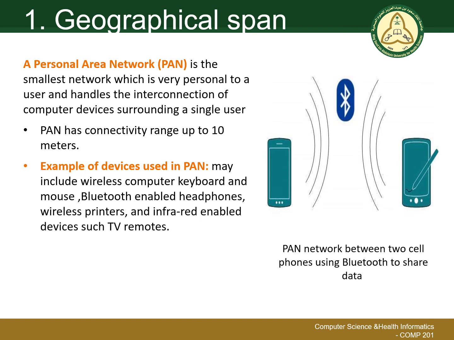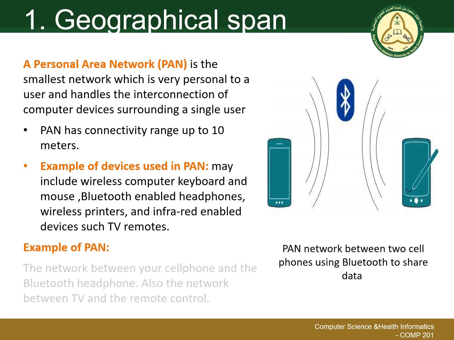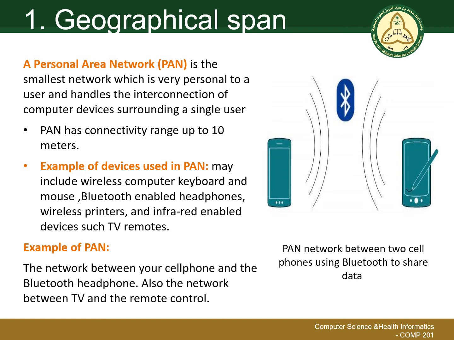Examples of devices used in PAN may include wireless computer keyboard, wireless mouse, Bluetooth enabled headphone, wireless printer connection, and infrared enabled devices such as the remote control. So this is an example of that: the network between your cell phone and Bluetooth headphone. Also, the network between your TV and the remote control is a good example of the personal area network.